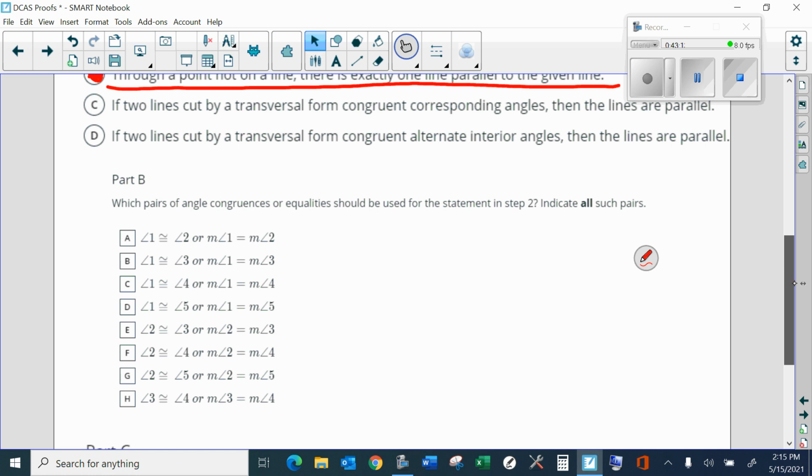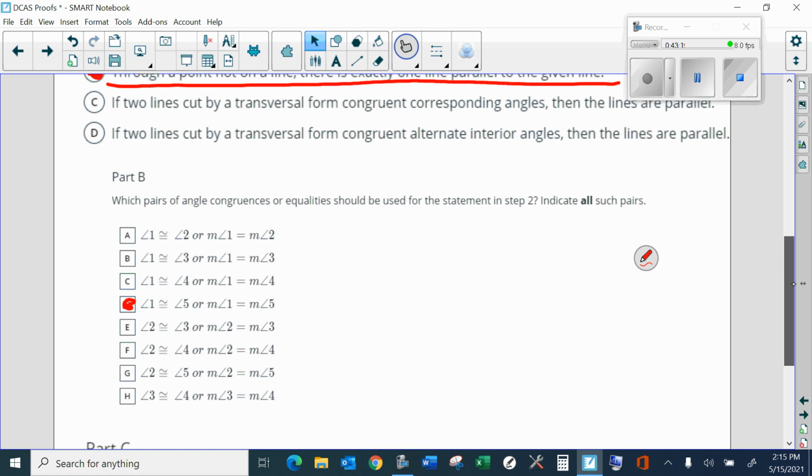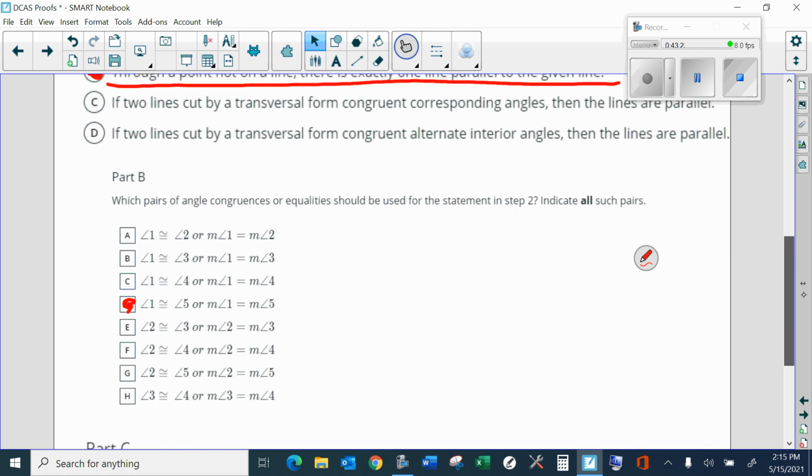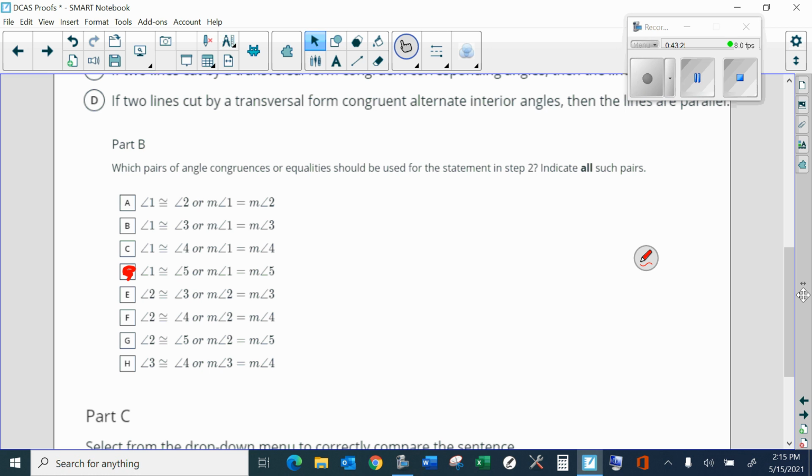You're looking for 1 and 5. Okay. And you're looking for 4 and 3. Right here. Okay, that's what you're going to use for that one.